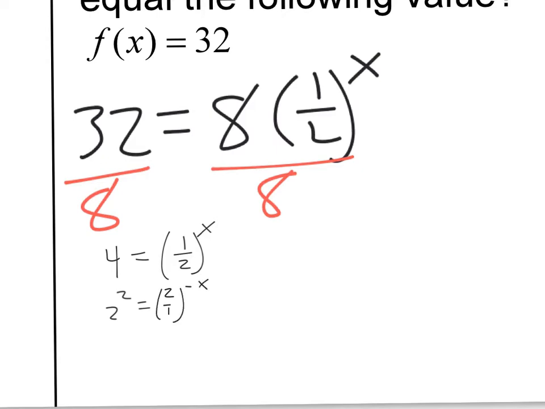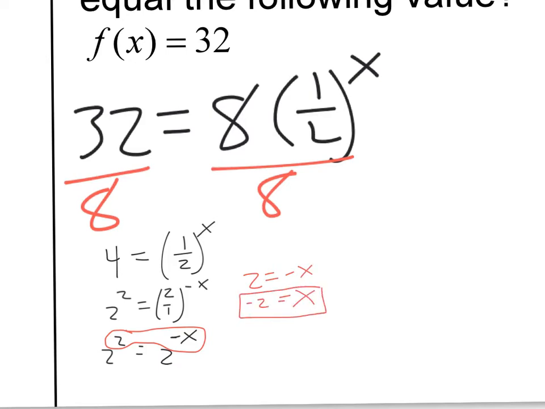Hopefully you catch on to what I'm doing there. Well, 2/1 is the same thing as 2. So I could just write 2 squared equals 2 to the -x. Now that my bases are the same, they both have a base of 2, I can just make the exponents equal. So 2 equals -x, therefore x equals -2. And so I have solved for x.